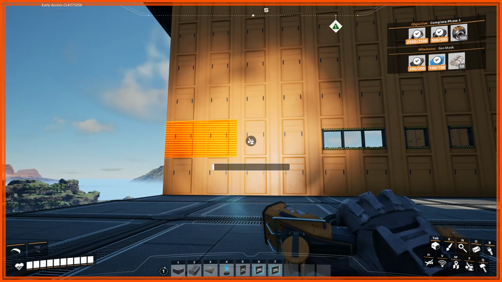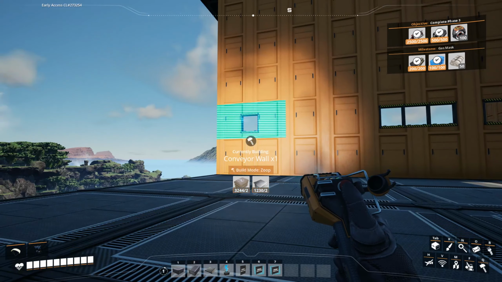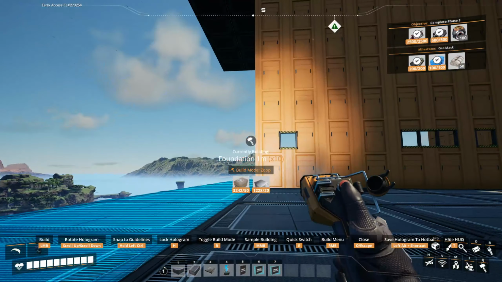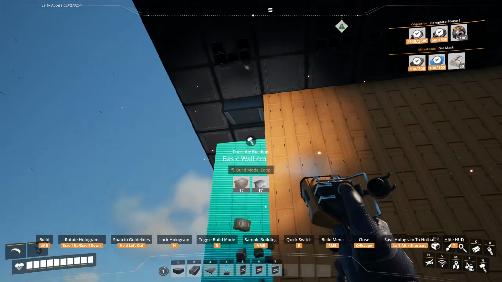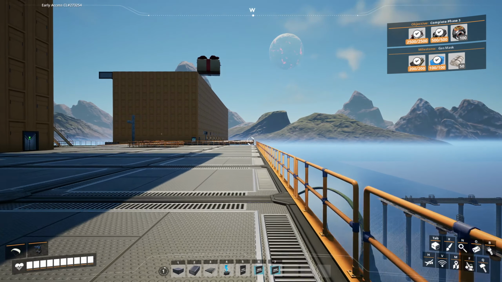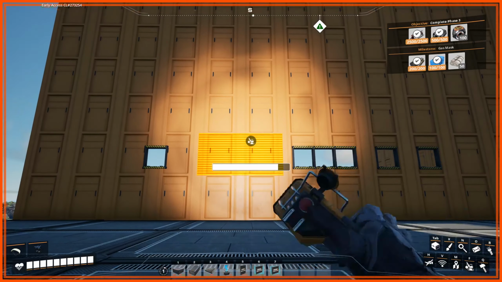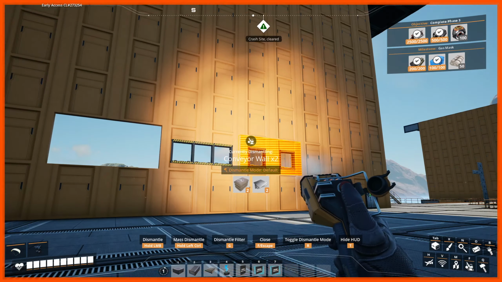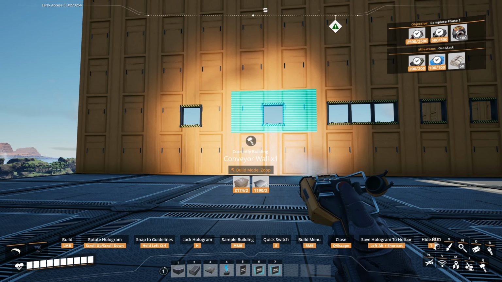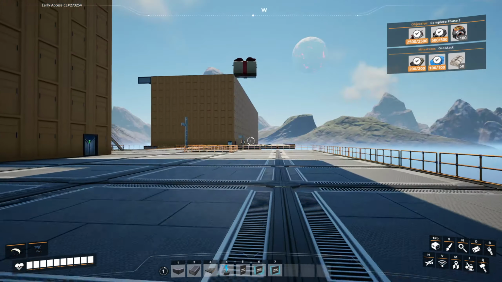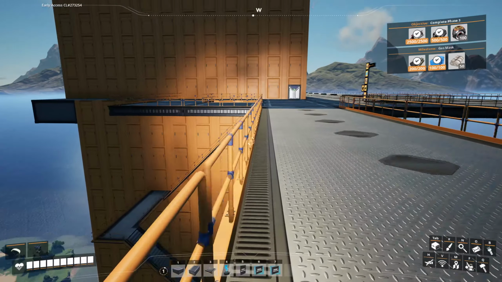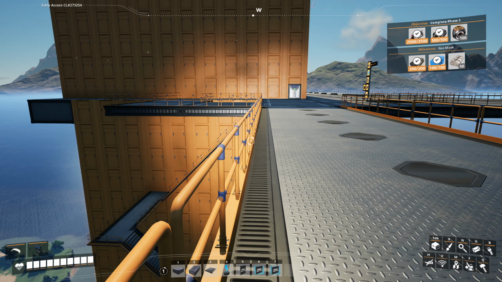So then we'll have an output for the fuel generators. And then we have heavy oil residue from plastic. And rubber.